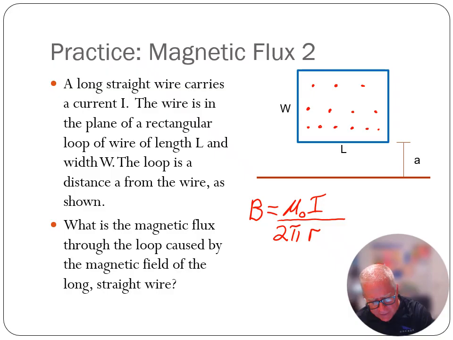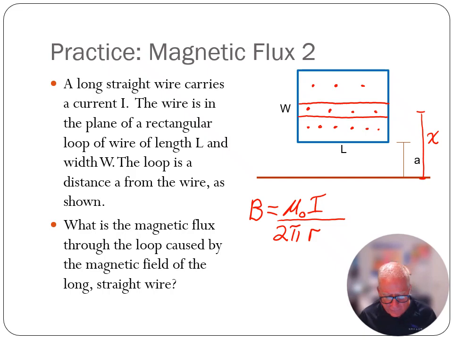So we're going to have to figure out the flux caused on a thin strip of my area here. Let us say I have a strip right here, and it's just some distance from my wire. Let's call that distance x. Therefore the magnetic field there would be mu naught I divided by 2 pi x.